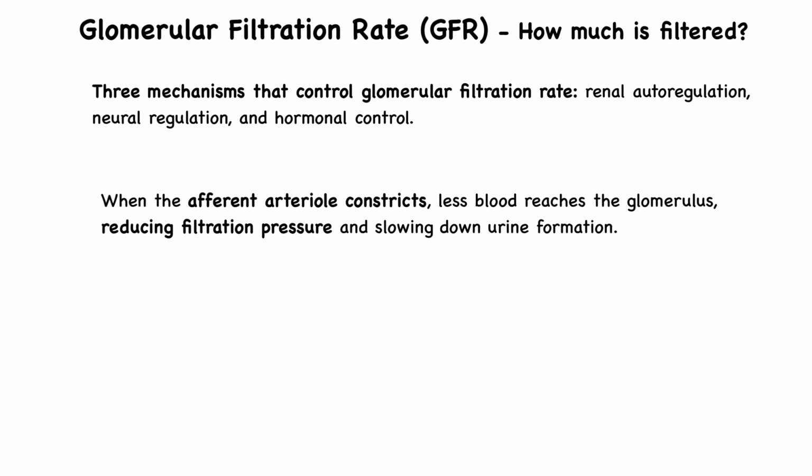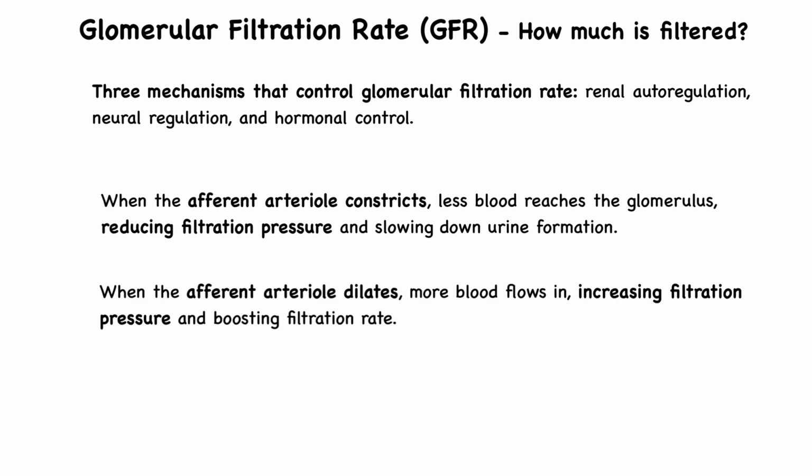This reduces filtration pressure and slows down urine formation. On the other hand, when the afferent arteriole dilates, more blood flows in, increasing filtration pressure and boosting filtration rate. The kidneys themselves are able to self-regulate and maintain a constant blood flow through the glomerulus.